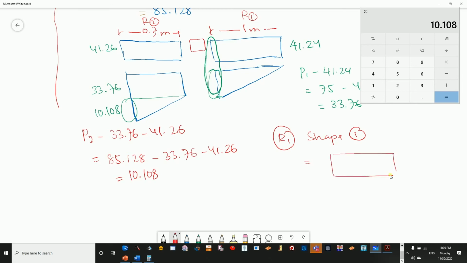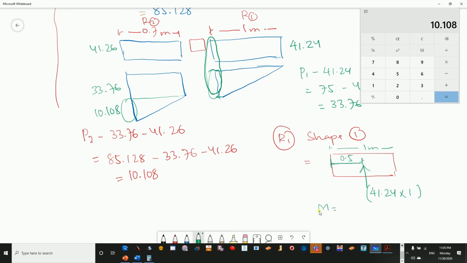We need to calculate the point load. How to calculate the point load? It is calculated as 41.24 multiplied by the distance, force into distance. So 41.24, the distance is 1 meter. Then to calculate the moment, we need the distance from the force to the section, so this is 0.5.